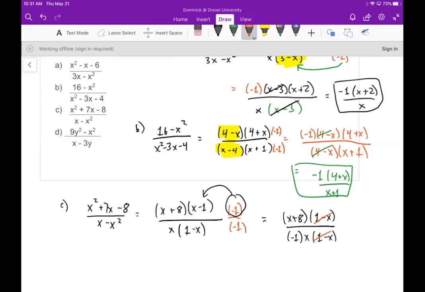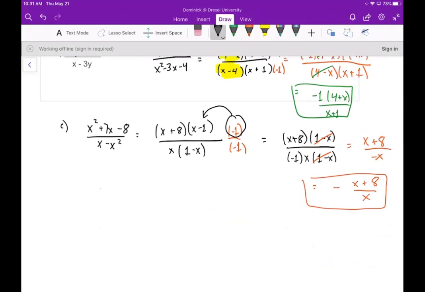So now these 1 minus x's cancel, and I'm left with x plus 8 over a minus x. And again, most of the time, we'll leave the negative out front, so we could say this is a minus x plus 8 over x. Right, and I could have done that, I guess, in this example too.